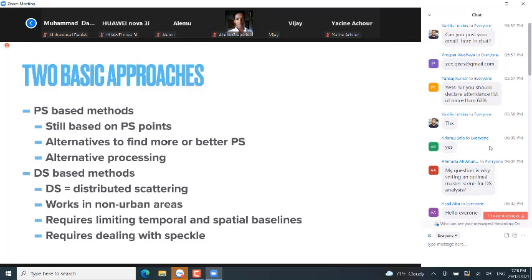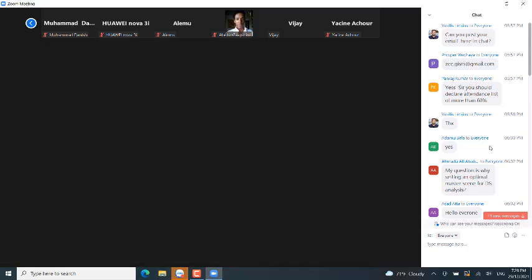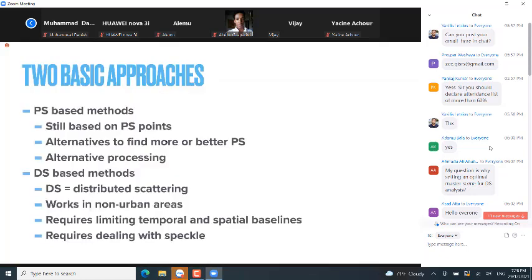And then we have the rather more different approaches, which are DS-based methods and DS-InSAR, where DS stands for distributed scatterer or distributed scattering. So we have PS, the permanent scatterer, these point scatterers, points that are stable over time, deterministic point scatterers, so we have points that have one strong scatterer in the pixel, in the resolution cell.